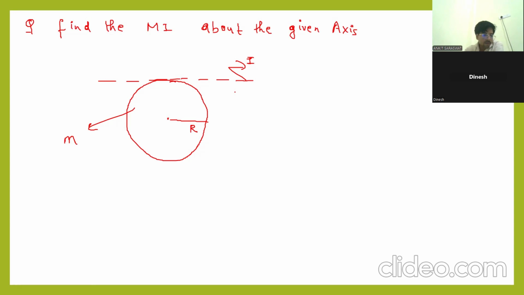Sir, 2 mr square. Okay, right answer. So easy. You know this is a ring, and for the ring, about the diameter, its diameter will be like this. About this diameter, the moment of inertia is for an axis passing through the center.